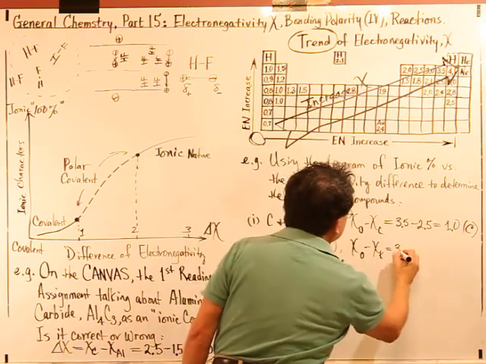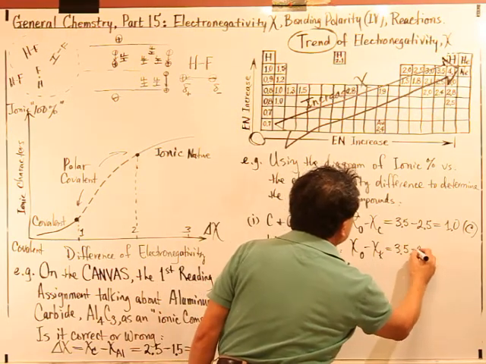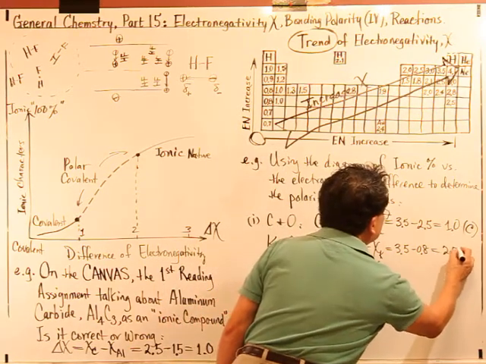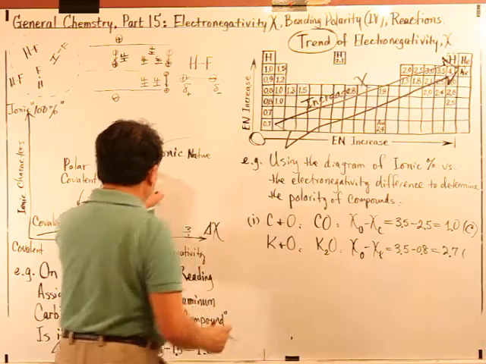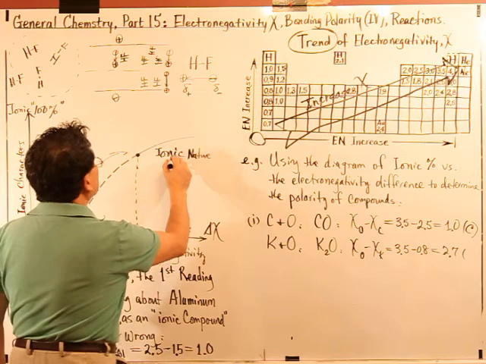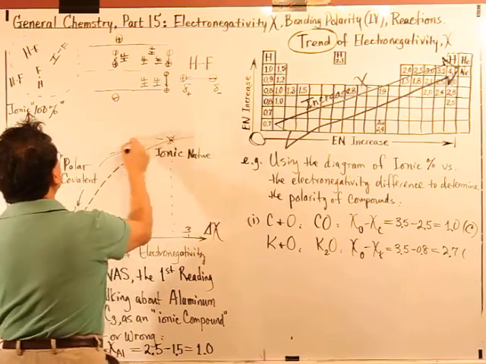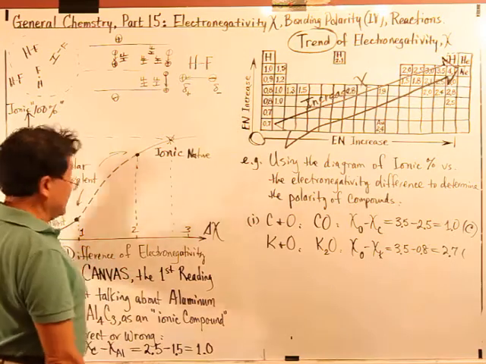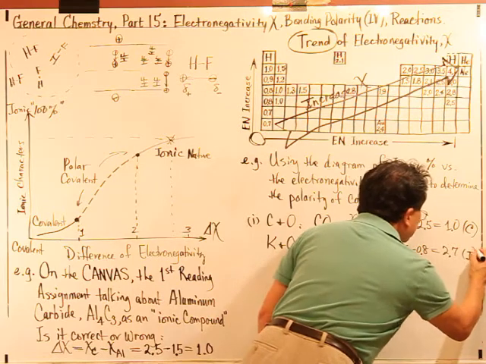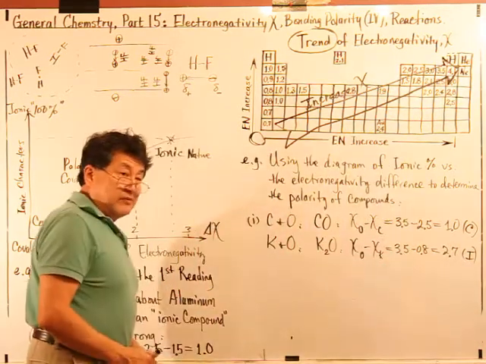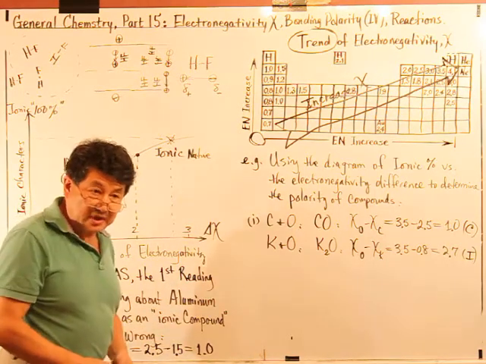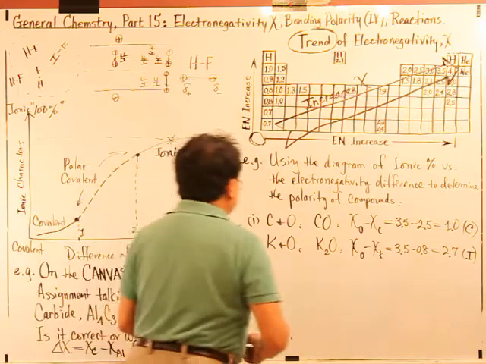So 3.5 minus 0.8 is 2.7. Of course, 2.7 will drop into this region right here. So the percentage of ionic is very big, though it's not 100%. So that's ionic, right? If I give you this kind of problem, of course you should be able to answer. That's a piece of cake, so you should be able to do that.